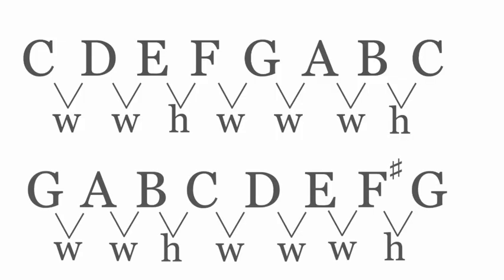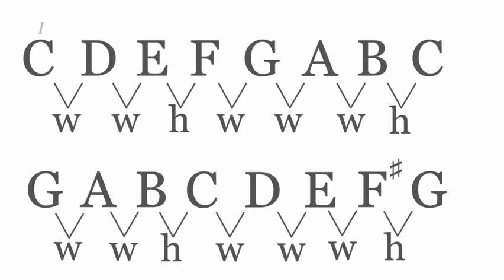Now, when we look down at G major, down at the bottom, we're comparing C major to G major. Totally different keys, but we can look at this and very quickly ask, what's the difference between the two? Well, the difference in the scale is from F to F sharp. Fair enough.